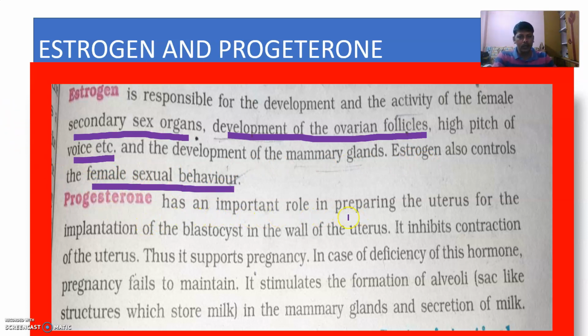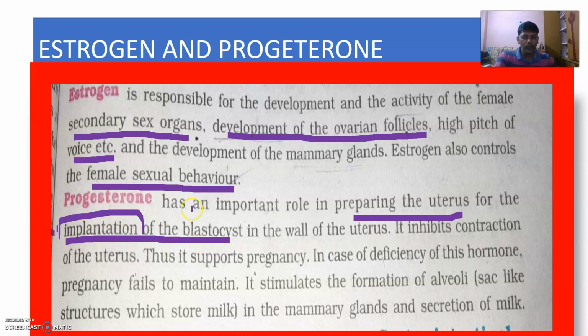Progesterone has an important role in preparing the uterus for the implantation of the blastocyst. What is implantation? You learn that in human reproduction. The attachment of the blastocyst to the wall of the uterus; it embeds into the wall of the uterus, that is called implantation. Progesterone inhibits contraction of the uterus.